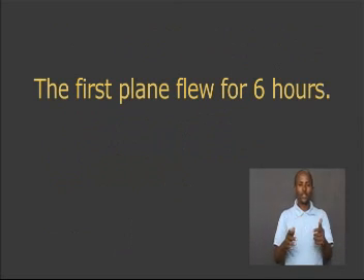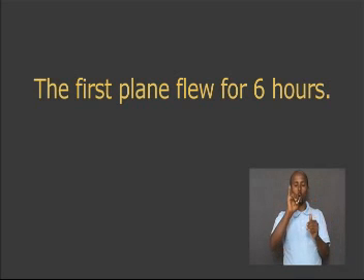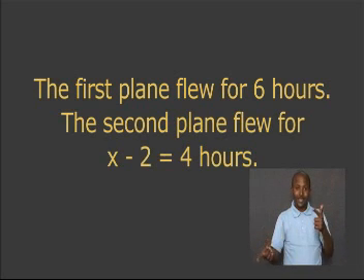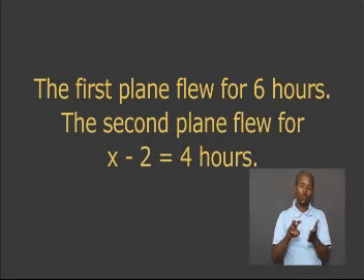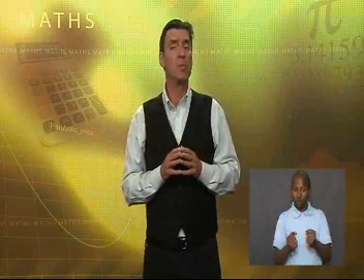Since x equals y plus 2, y equals 4. The second plane flew for 4 hours. Were you able to solve this problem, students? Great work. We have time for one more activity.